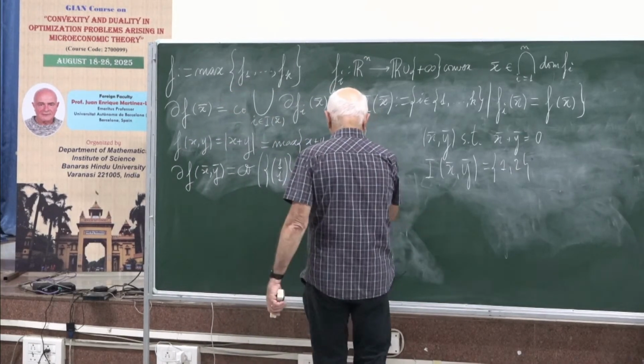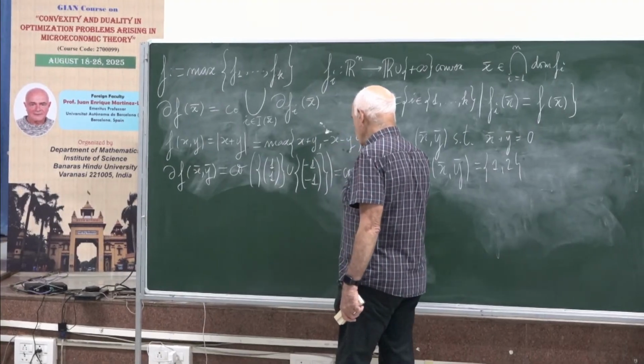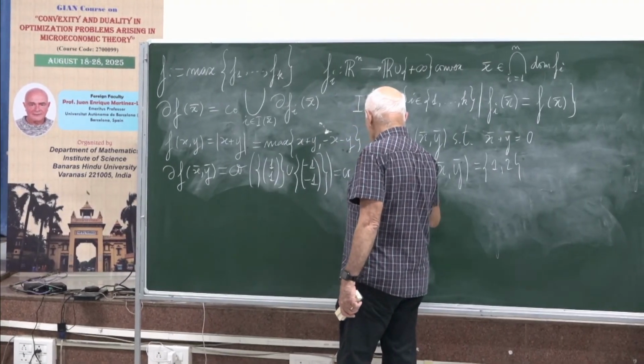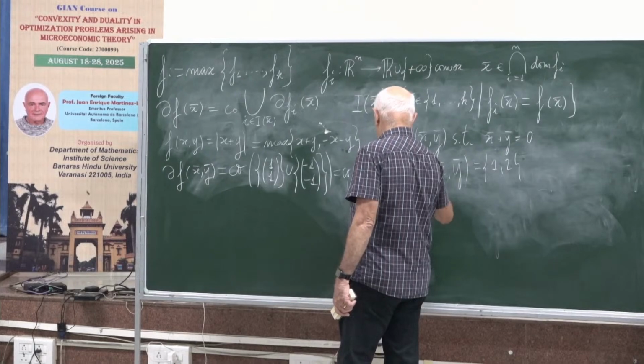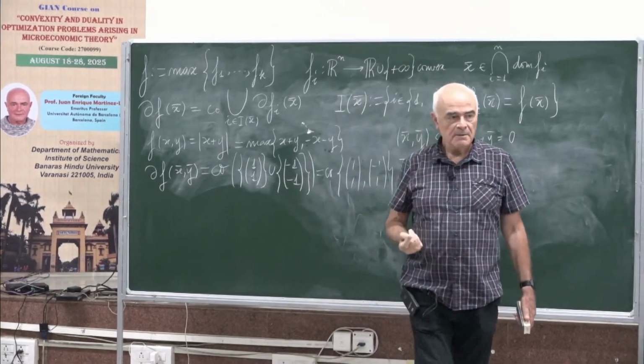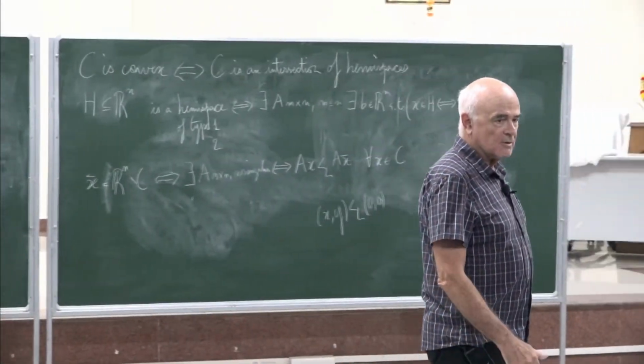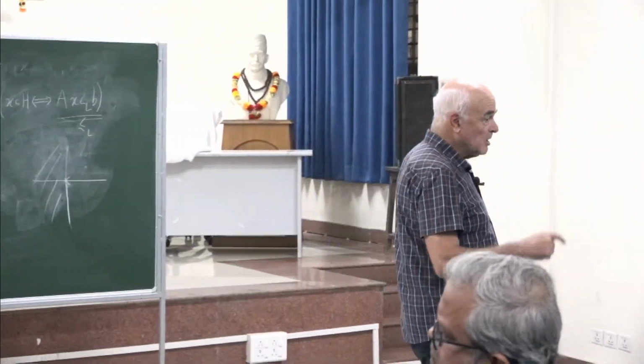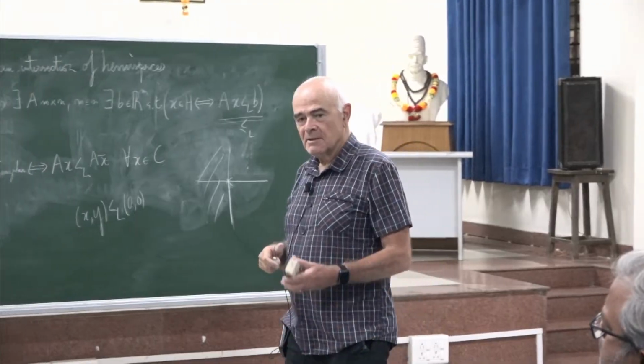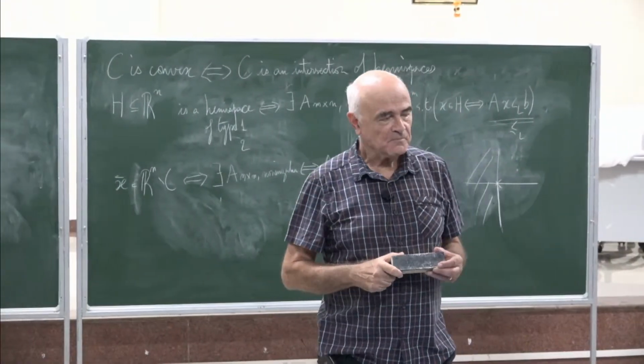So it's the convex hull of these 2 points, the segment joining them. This we obtain by a different method. I could give you a third answer to your problem. There may be many, but there is another possible answer.